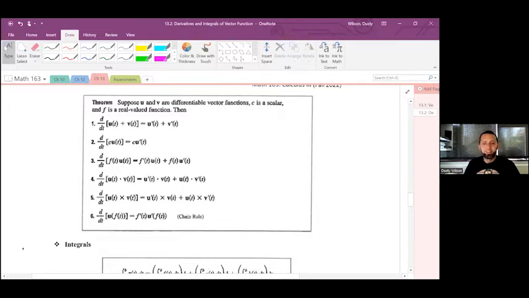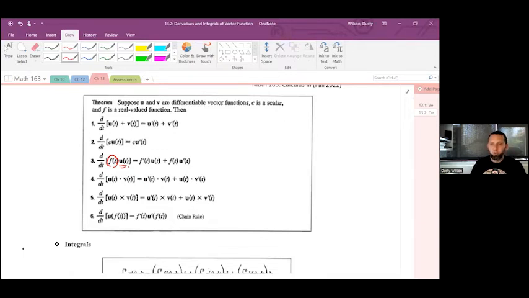3, d dt of the quantity f of t times u of t equals f prime of t u of t plus f of t u prime of t. That is, the product rule works the way you'd expect it would when you have a function and a vector valued function multiplied by each other. So notice f is a function, our old-fashioned real valued functions, and u is a vector valued function.